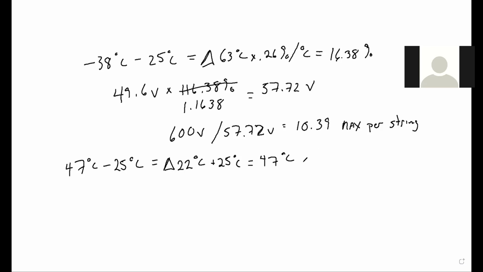Then we take this times the temperature coefficient at VMP, normal operating conditions, which when we looked it up on the panel spec was 0.36% per degree Celsius. The math is 47 times 0.36 equals 16.92.